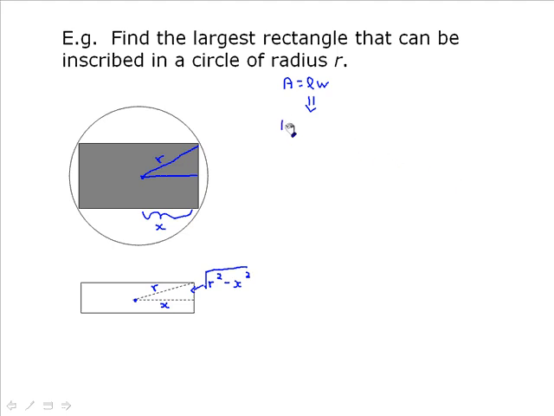The length of the rectangle is going to be 2x, since x is from the center to the end. And then the width, be careful with this one, because we have one section of square root of r squared minus x squared, but we have two of those sections, so it's 2 times r squared minus x squared to the 1/2.